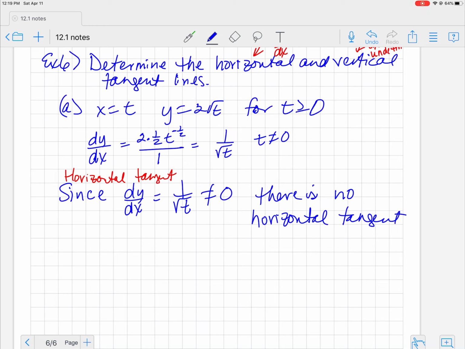Now my question is, where is cotangent 0? I know that cotangent is cosine over sine, so what I'm looking for is when cosine is 0. So where is cosine 0? Yep, pi over 2 and 3 pi over 2, right? So that's what we're looking for, at pi over 2 and 3 pi over 2.